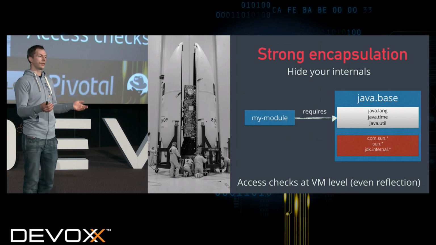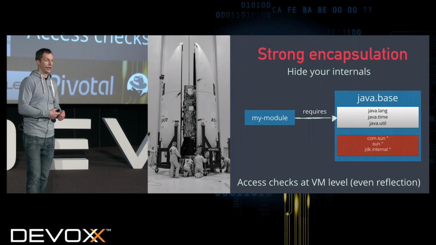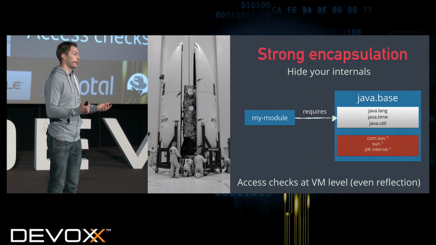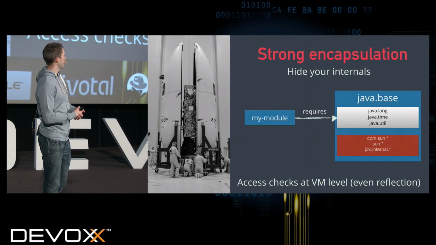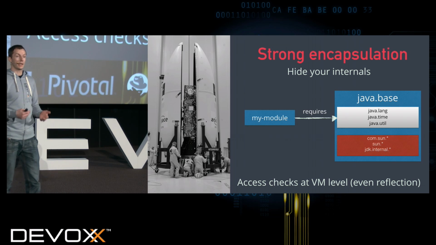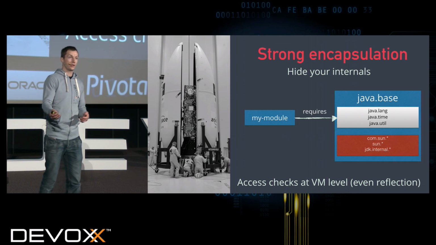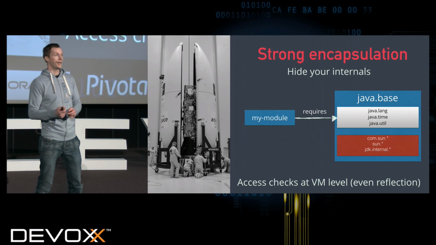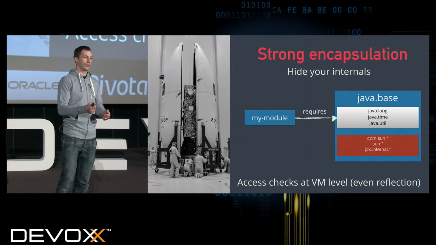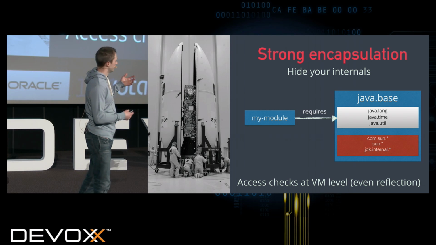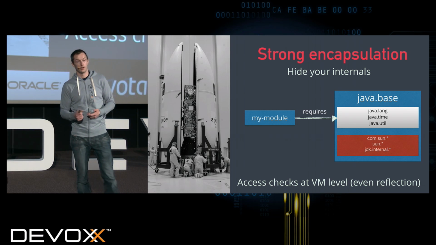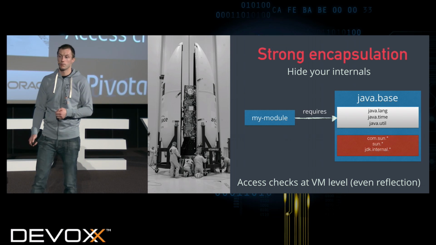So there's a lot of existing code out there that uses packages from those private parts. Well, not anymore in Java 9, because in Java 9, those internals will actually be encapsulated, meaning that you can't actually access them anymore. We will talk about workarounds, etc., because you can work your way around it, but by default, there's proper encapsulation, both for JDK classes, but also for your own classes. That's very important.